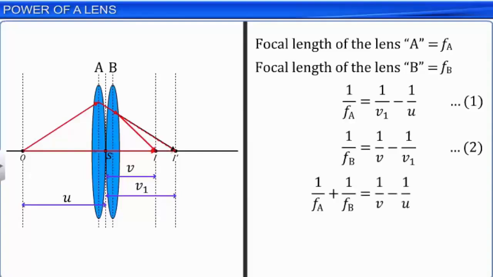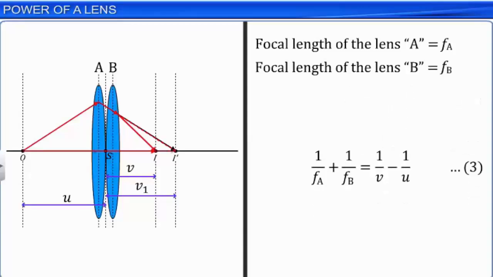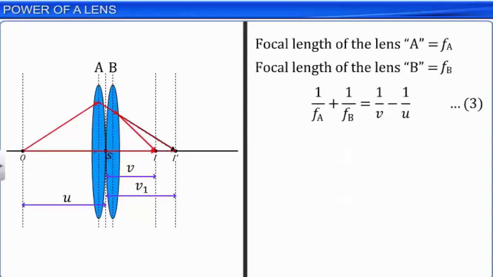If F is the effective focal length of the lens system, then using the thin lens formula, we can write that 1 by F is equal to 1 by V minus 1 by U. Let this be equation 4.